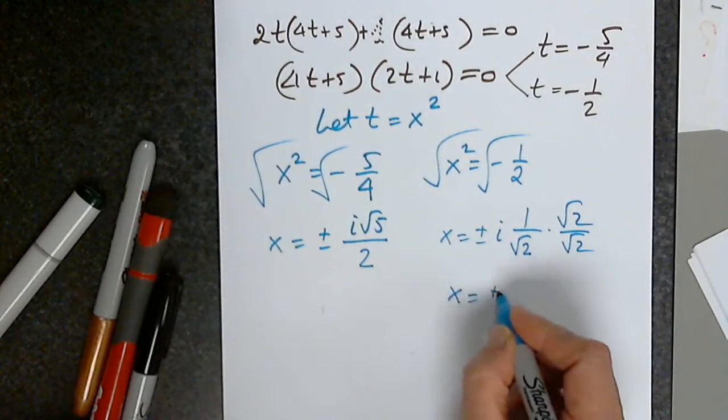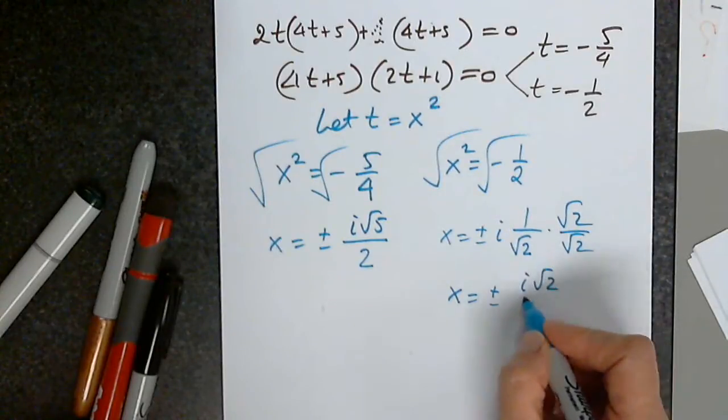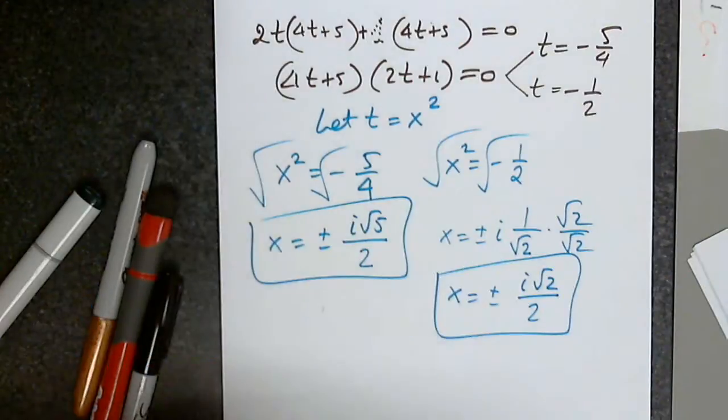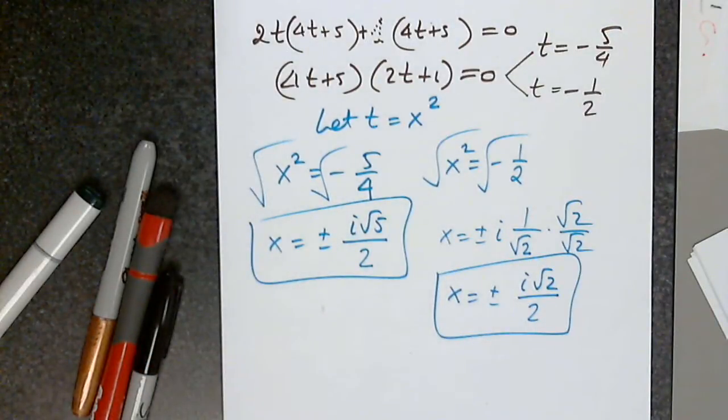So then x equals plus or minus i the square root of 2 over 2. And we got our four solutions. Any questions?